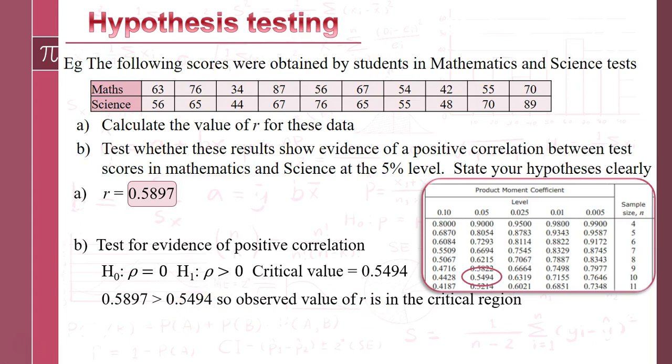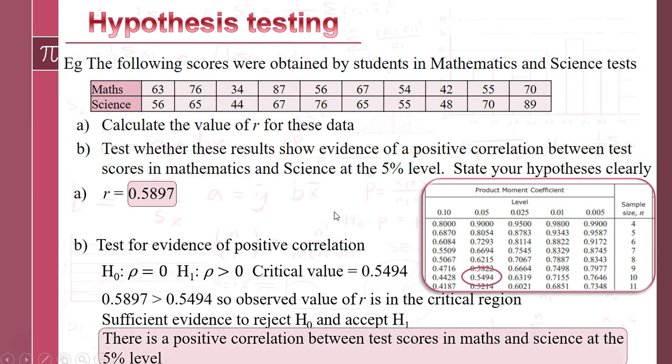If it's in the critical region, that means we're going to accept H1. So there is sufficient evidence to reject H0 and accept H1, which means there's a positive correlation between test scores in maths and science at a 5% level. If this value had been less than 0.5494, then this would not have been a strong enough correlation, and therefore not in the critical region, and so we would have rejected H1 and accepted H0.